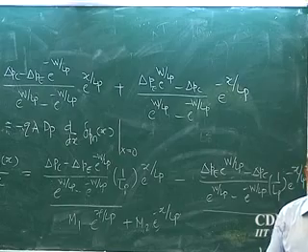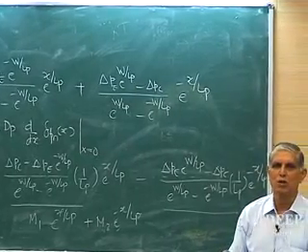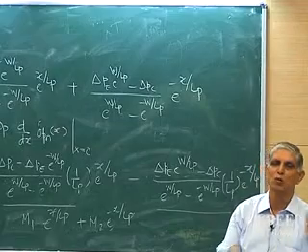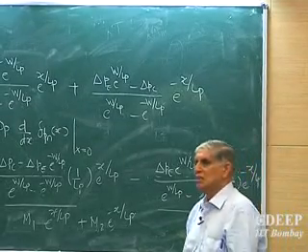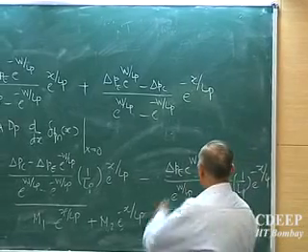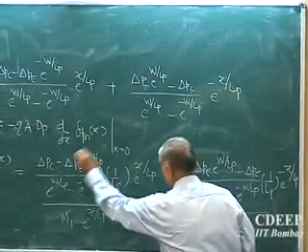M1, M2 are constants, and I am using the same notation as given in Speakman's book, because if you once in a while open that book, you should happen to see the same terms. This is M2 and this is M1.